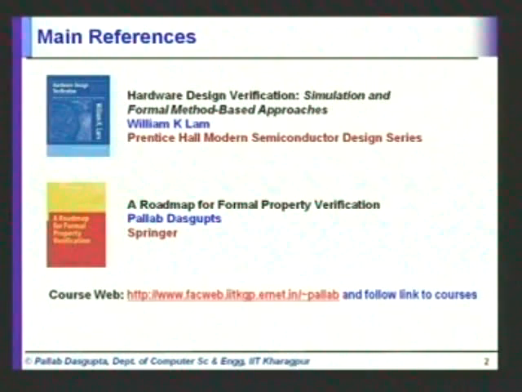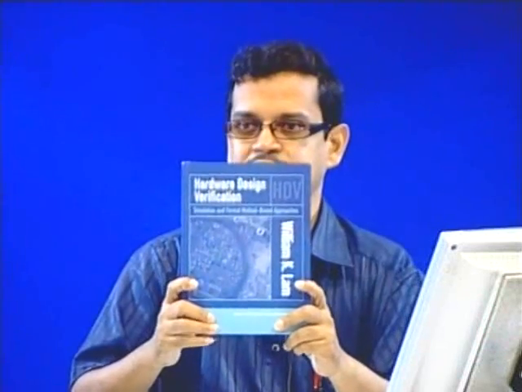The main reference books that I will be using: the first one is Hardware Design Verification, Simulation and Formal Method Based Approaches by William Lam. This is the book that I have here in front of me.